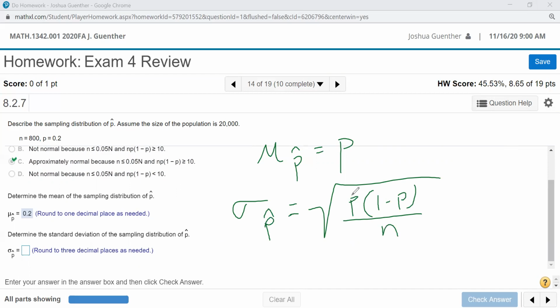P times 1 minus p over n, and then the square root of all that. So for us, that's going to be the square root of 0.2 times 1 minus p, which is actually 0.8. So I'm just going to write it in there, 0.8, all divided by n, which is 800.